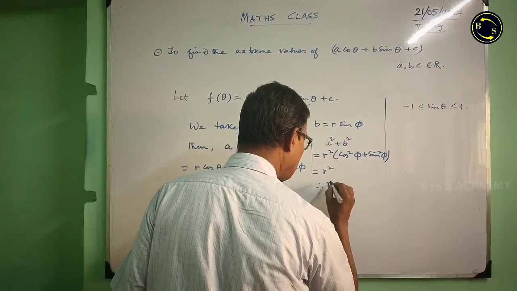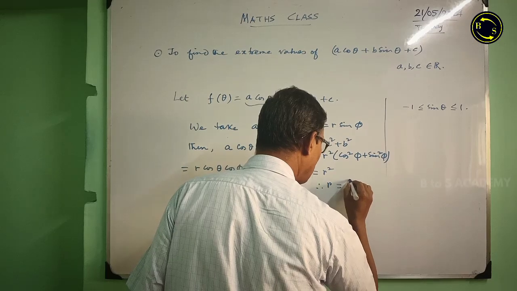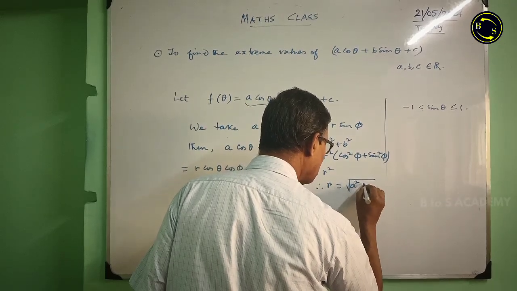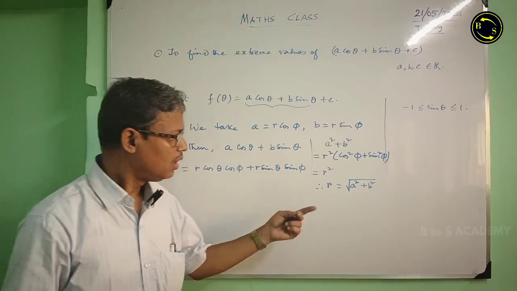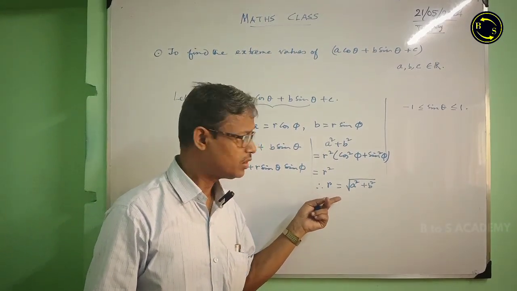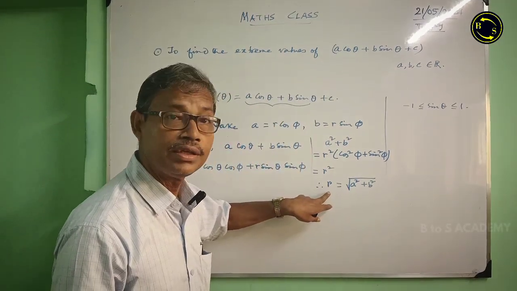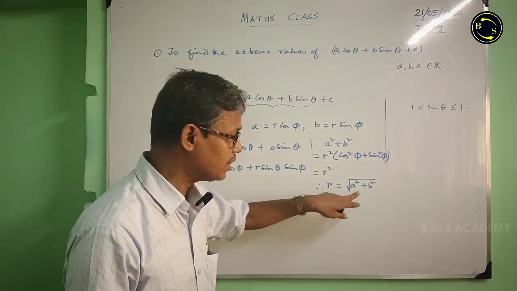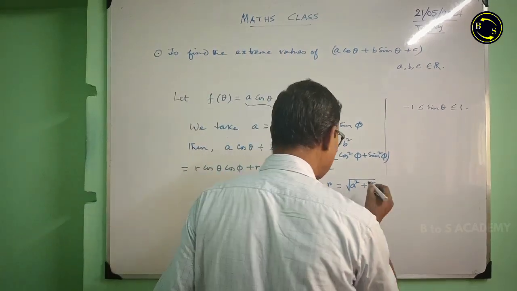Therefore, r will be equal to root over a square plus b square. Here we are considering the positive value because we are considering r as a distance. Therefore, we are not considering the negative value.